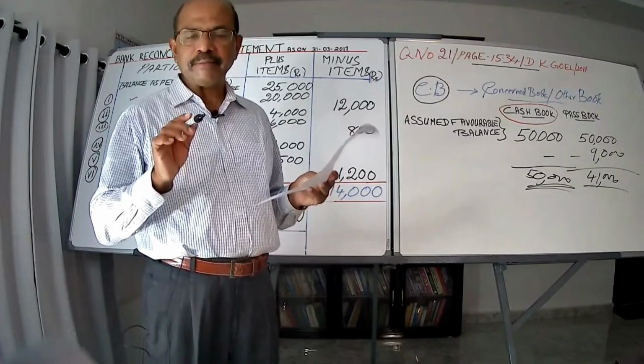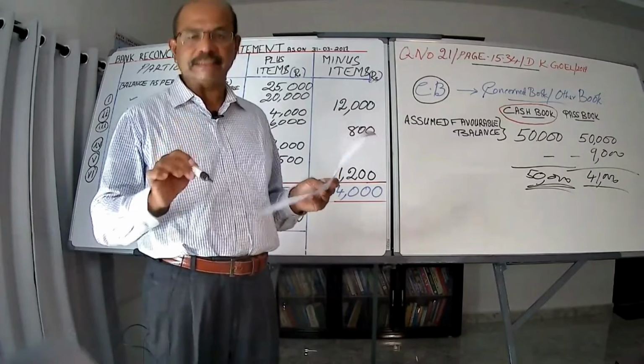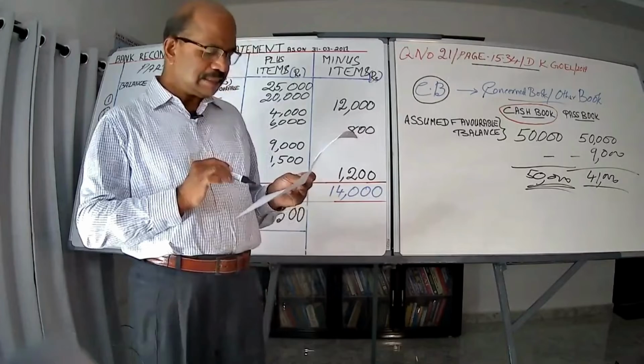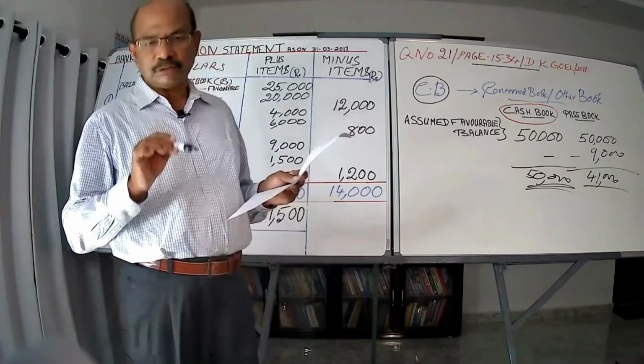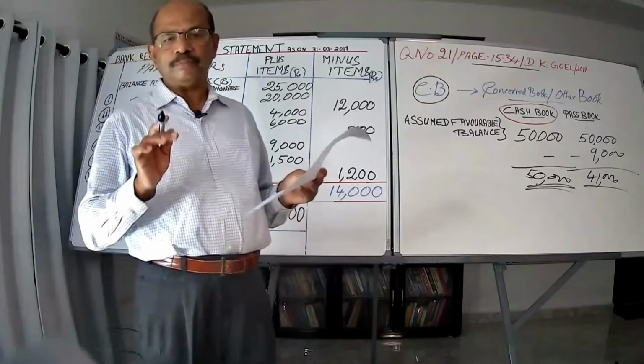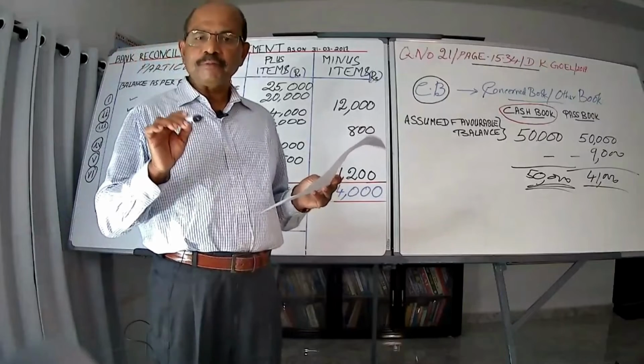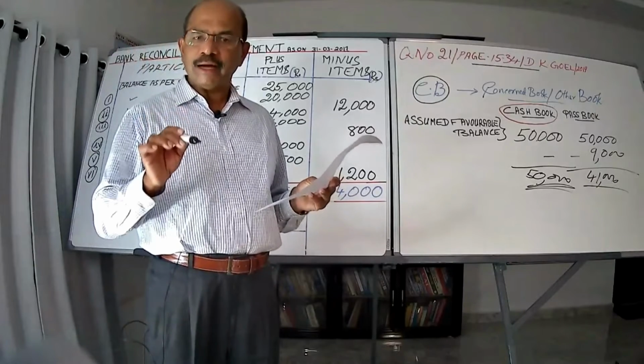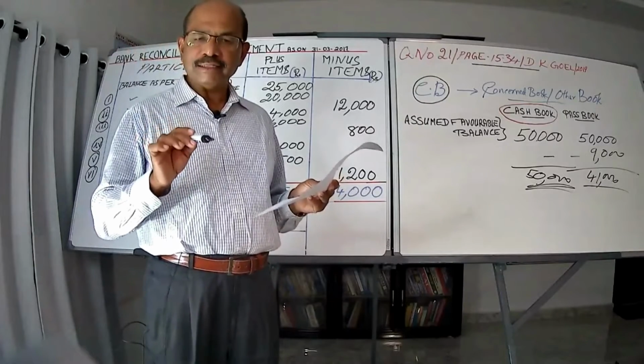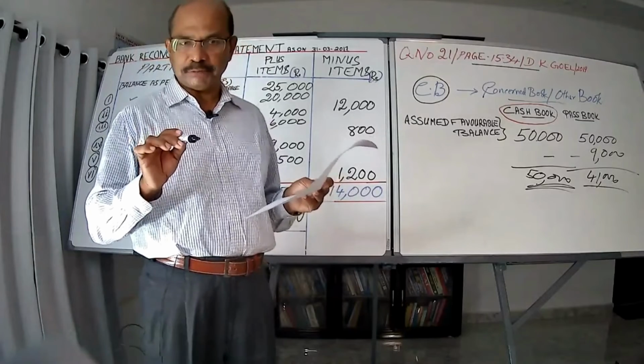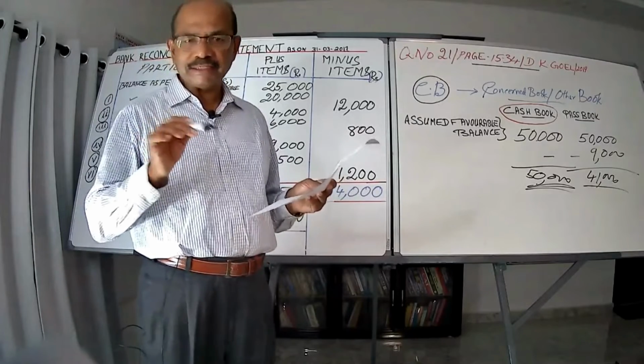Bank debit means bank balance decreases. So bank balance has decreased by 1,500. That you should be very thorough. Debit in the passbook means balance gets reduced, and credit means balance gets increased in the passbook, whereas it is reversed in the cash book.